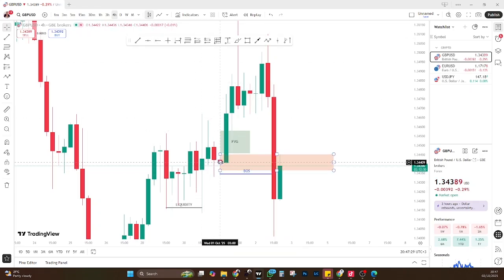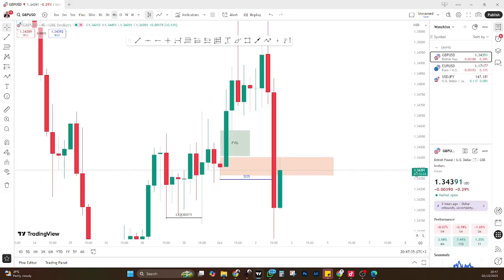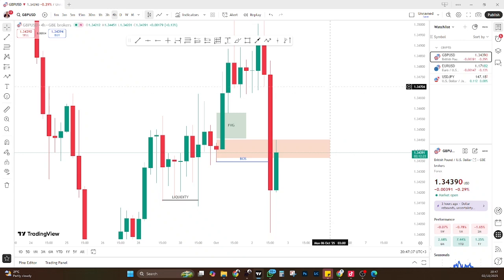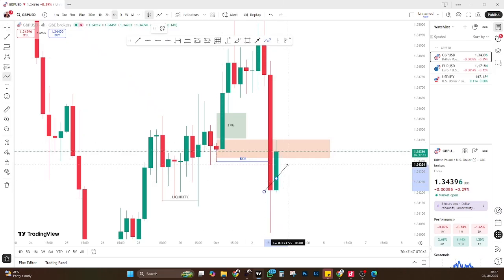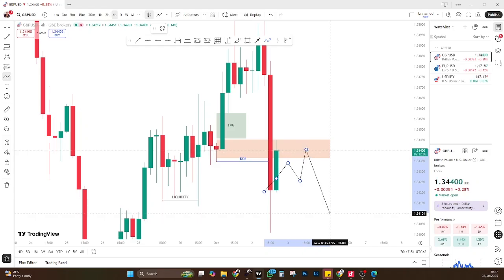So this is no longer an order block, it is now a breaker block. And what will happen is that, let me take you to the lower time frame. When the market gets here, because now this has become resistance, when it gets to the breaker block, it will start to sell.